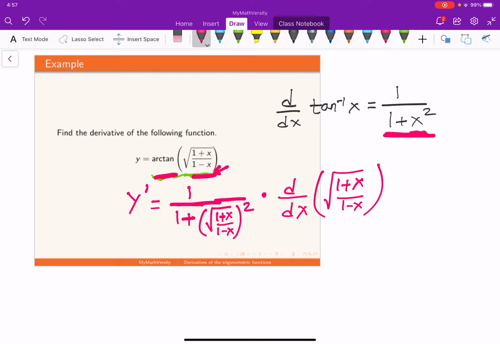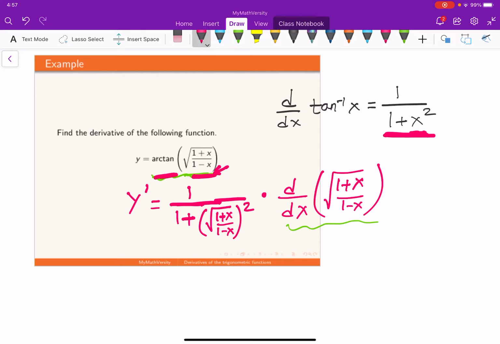All right, so what is left over here? The only thing we need to do now is find the derivative of this, which is actually just an algebraic function, and I hope you know how to find the derivative of that, right? Since there is a radical, we can change that into exponent form.